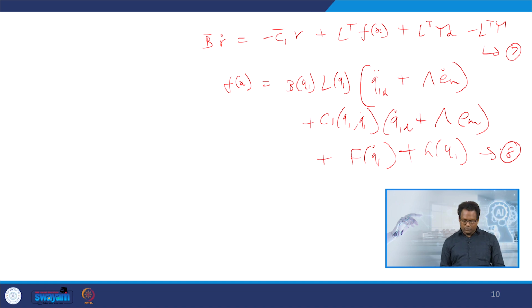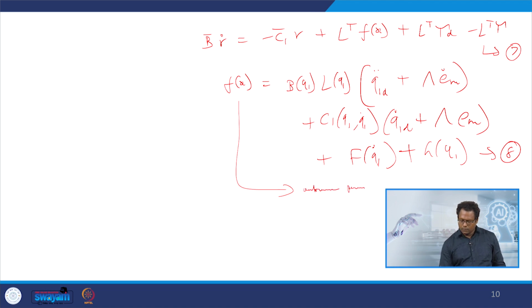Okay. So, we can say that f of x is represented by this, and it is basically the function which has all the potential unknown parameters of the robot arm.